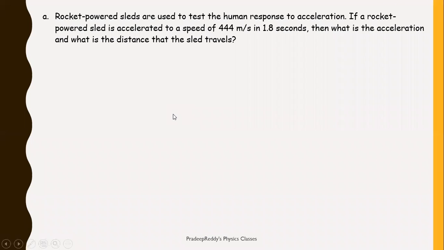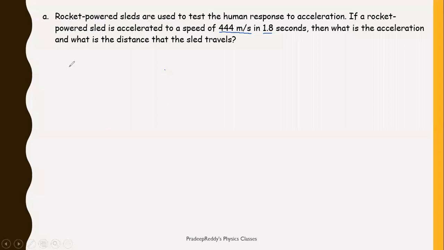Coming to the next example, we have rocket powered sleds, which are used to test the human response to acceleration. If a rocket powered sled is accelerated to a speed of 444 meter per second in 1.8 seconds.